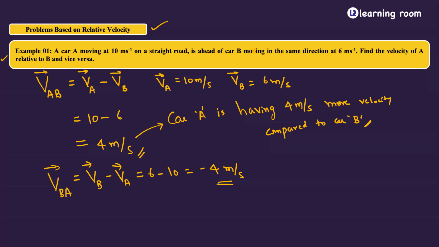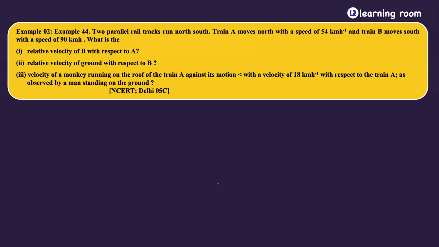Should I proceed? The second example: two parallel rail tracks run north-south. So there is a railway track running in this direction. It is extended.